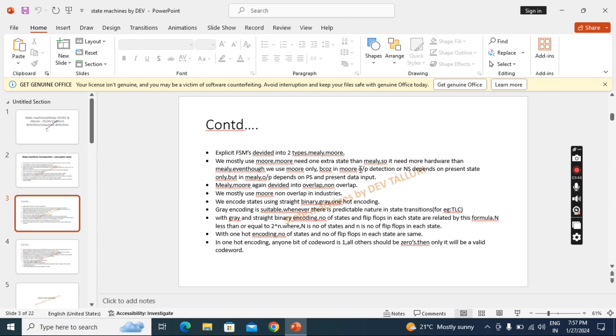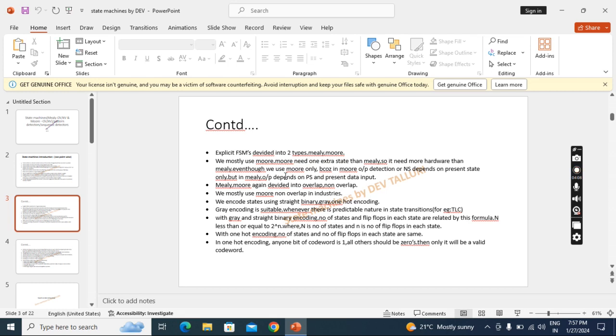The reason is in Moore, output detection or next state depends on present state and only present state. But in Mealy, output depends on present state and present data input also. This is the main reason. Some more reasons can be there. We are using Moore even though it is complex.